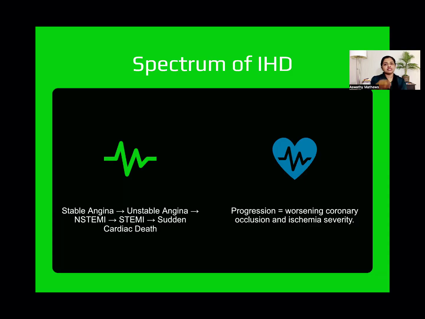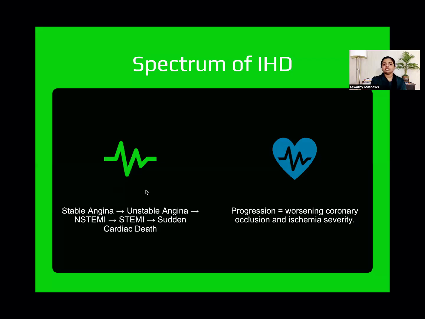In certain cases, when the patient presents, the EKG shows ST depressions, not elevations. That's actually NSTEMI, non-ST elevation MI. In STEMI, there will be ST elevations. So these are the different aspects, the different types of IHD.